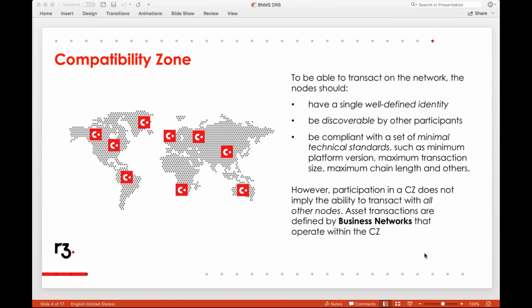One way I describe the Corda network is to think of it as the internet of Corda nodes. You could say, well, for our application, we don't need to be connected to the internet, as it were, and that's true.